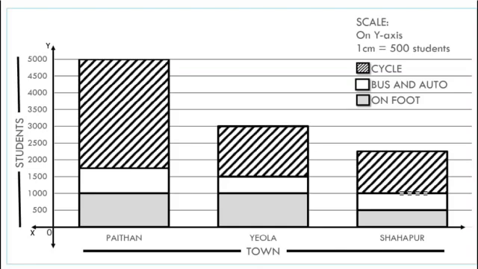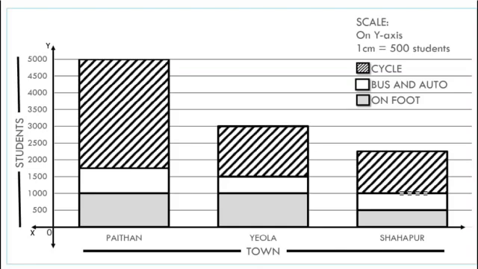After drawing them, in the corner on your right hand side, you are going to write down the scale that was given. On the y-axis 1 centimeter is equal to 500 students. Then you are going to make a key below that showing with different marks the children coming by cycle, by bus and auto and on foot.